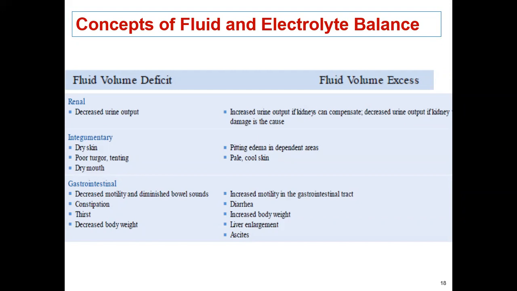We also help our patient with ambulation because this patient easily falls. With fluid volume excess, urine output increases if the kidney can compensate, and decreases if kidney damage is the underlying cause.